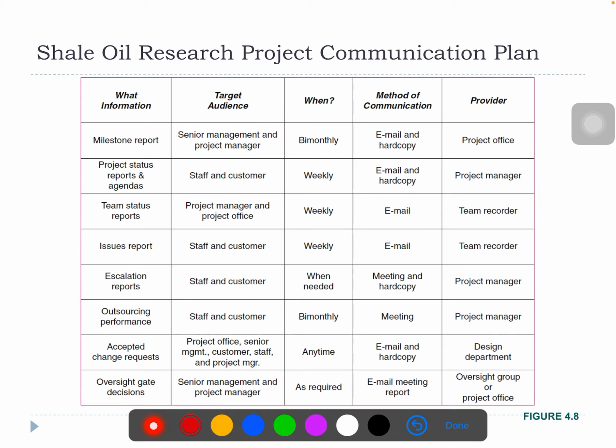This is an example of a shale oil research project communication plan. It tells you what information, target audience, when it needs to be published, the method of communication, and the provider. It tells you the person who is responsible for all these reports, which is very systematic, and each time a person needs information, they can go straight to the person in charge and get the latest report on the latest issues.